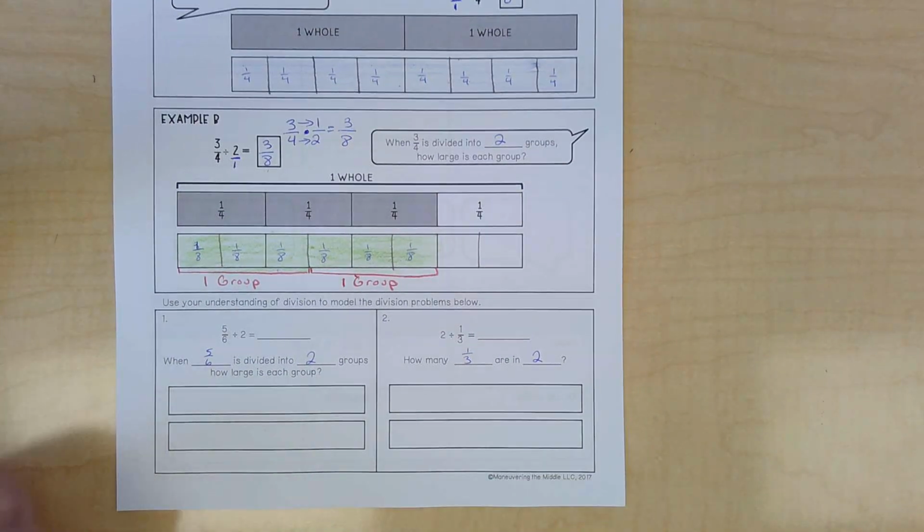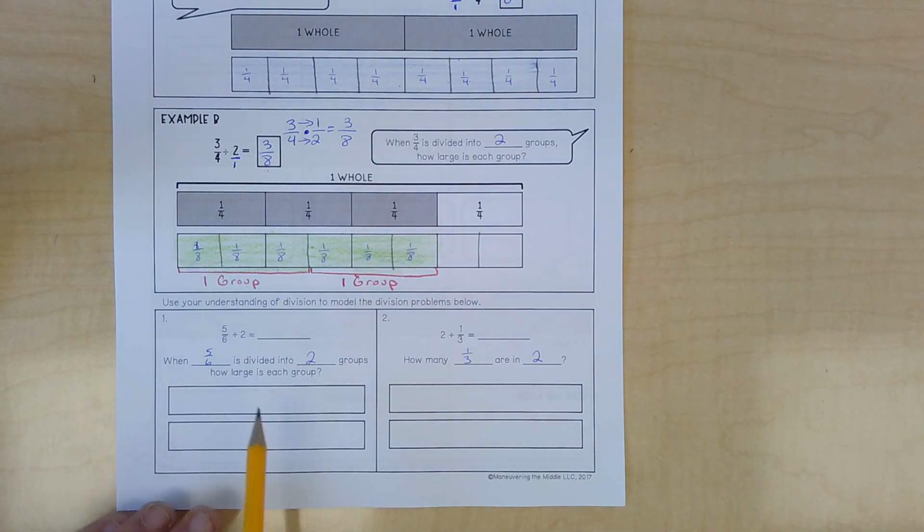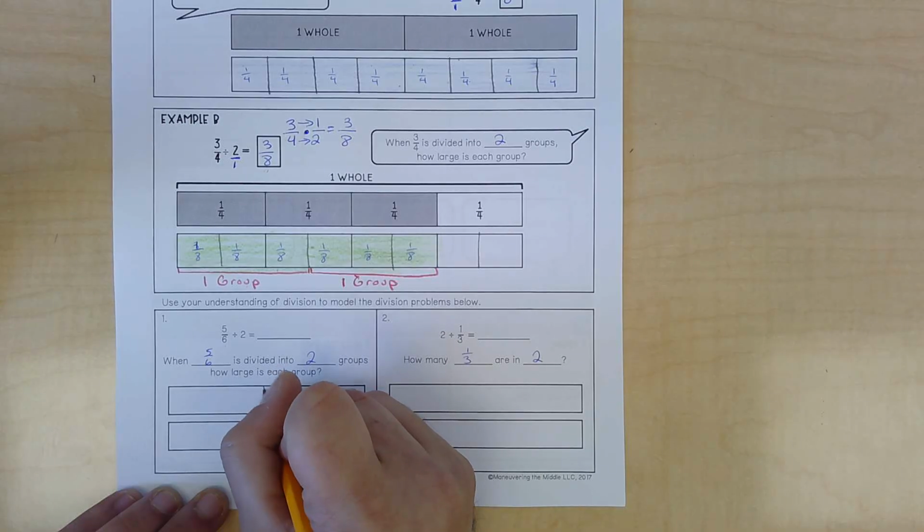When we get to the bottom of this page, now they want to know when 5/6 is divided into two groups, how large is each of those groups? So that tells me, before I even do anything here, I have to partition my top box into sixths. So I'm going to do that.